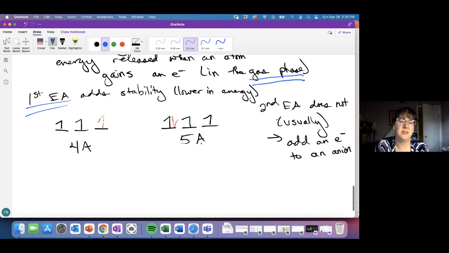Essentially what's going to happen is that the 5A without the extra electron has the half-filled subshell.